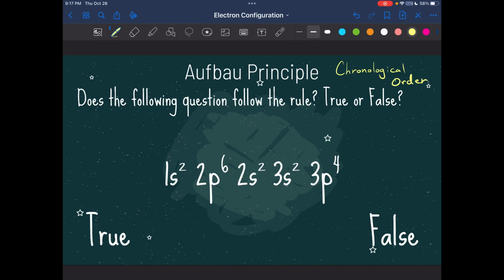Well, if you saw from the previous notes, we said 1s2, and the next thing we said was 2s2. So if you remember, S's usually come before the P's. And that is why the answer for this one is false, because 2s is supposed to be in front of 2p. But let's actually go over some problems to help you understand it.